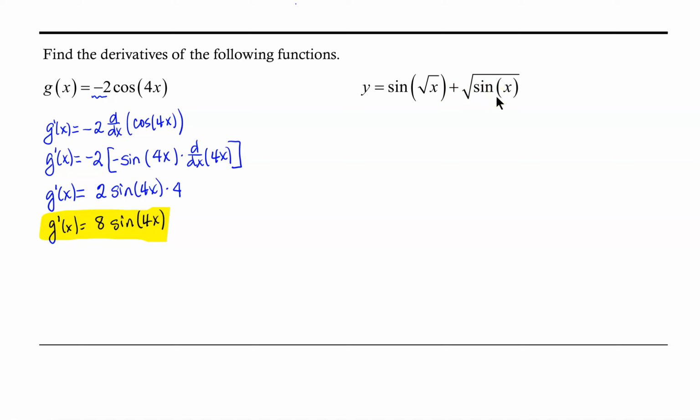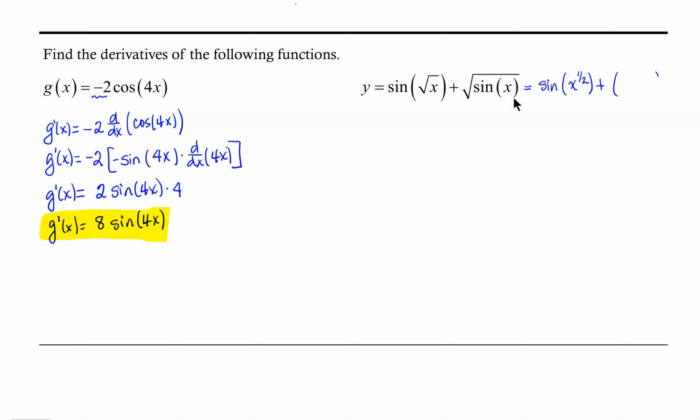exponent form. So we would rewrite this as sine of, now the argument of the sine function is square root of x, so that's x to the 1/2 power, plus, and now we have a square root function.